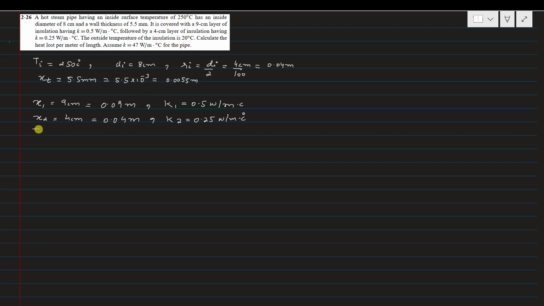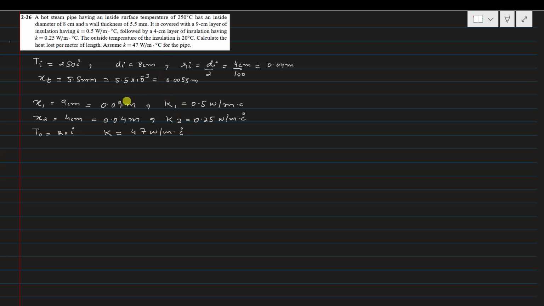So the outside temperature T0 of insulation layer 2 is 20 °C. And the thermal conductivity of the pipe is k, that is 47 W/m·°C.